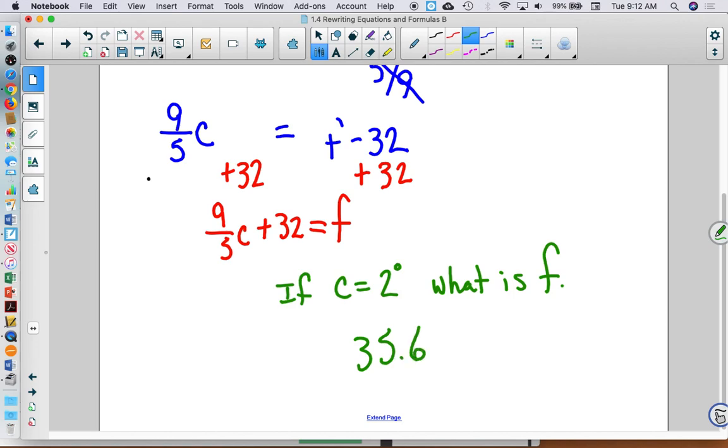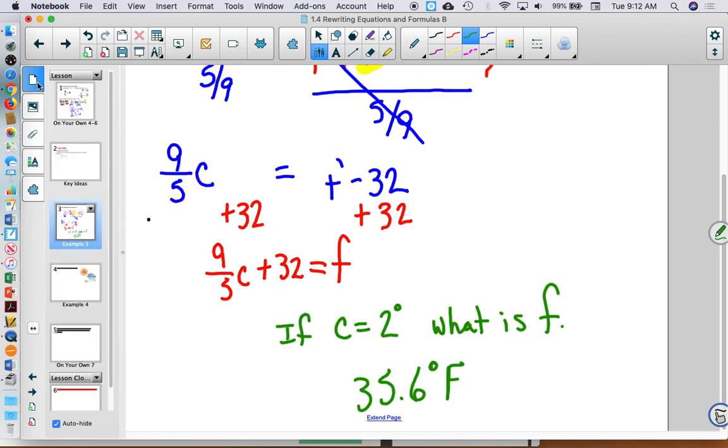Yes. 35.6 degrees Fahrenheit. Yeah, okay. It's kind of cold, just above freezing, isn't it? Because isn't 32 the freezing point? Yeah. Okay, which is the same thing as 0 degrees Celsius, absolutely correct.